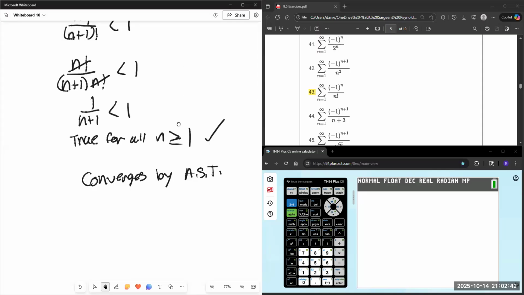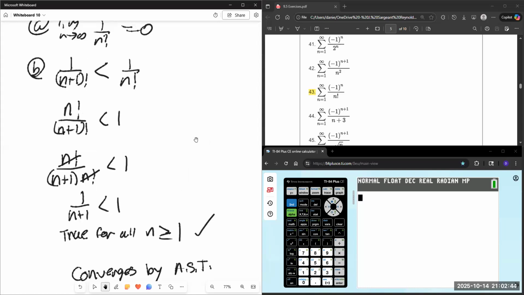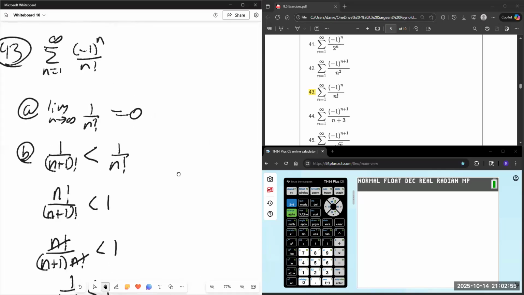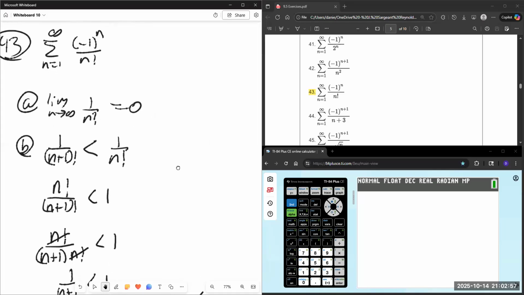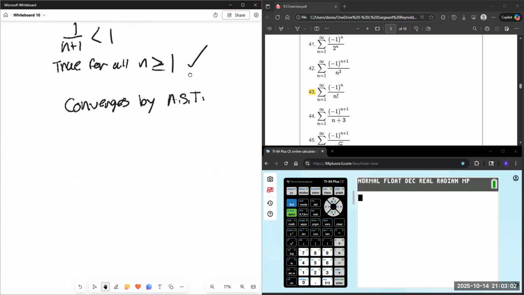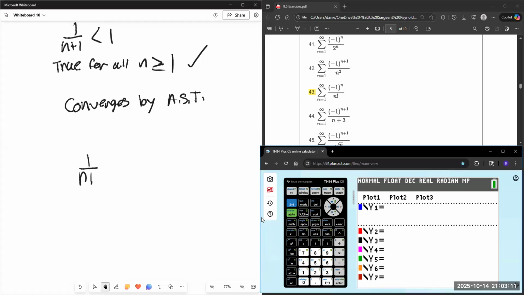So let's go back and look at just this piece, 1 over n factorial, and I wish that we had another test that we don't have yet that works really well with factorials. But I want you to know that 1 over n factorial, well, I don't want you to know it, I want you to see it.